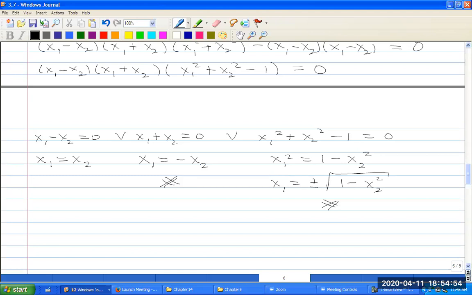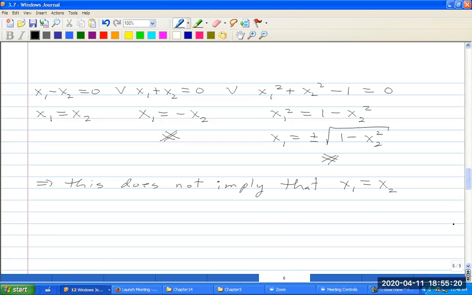Therefore, this does not imply that x1 equals x2, right? Because you could have x1 equal negative x2. So we have that this is not a one-to-one function.